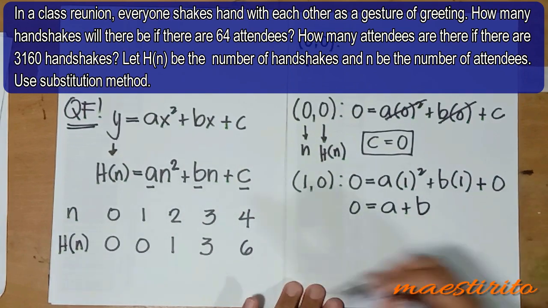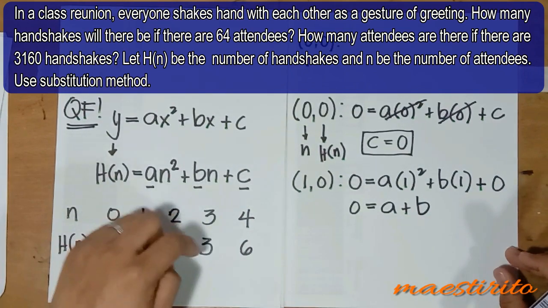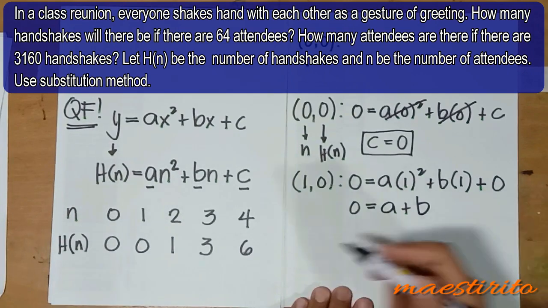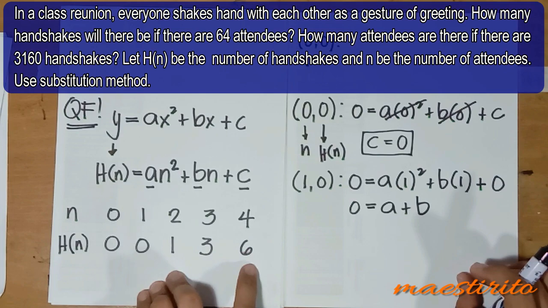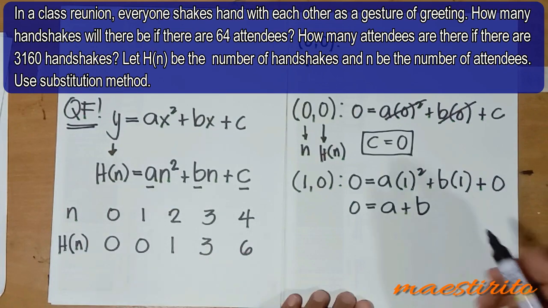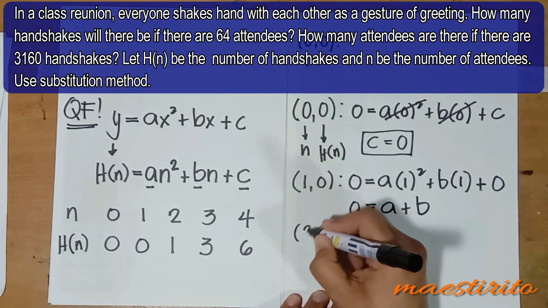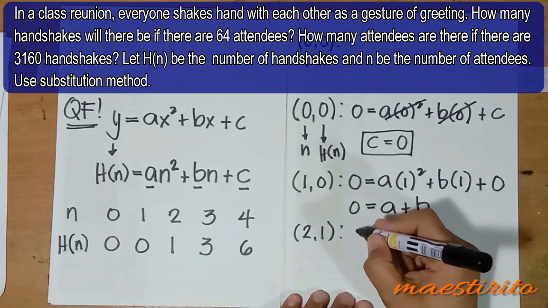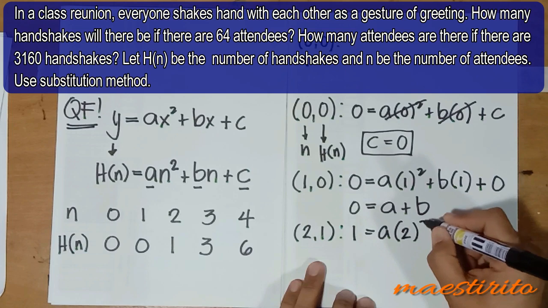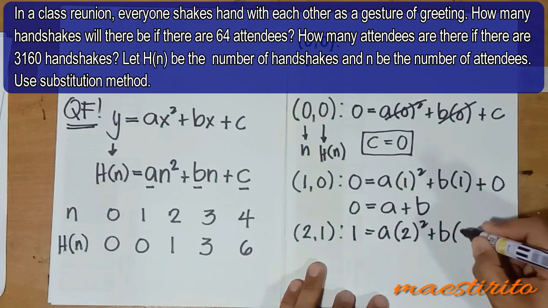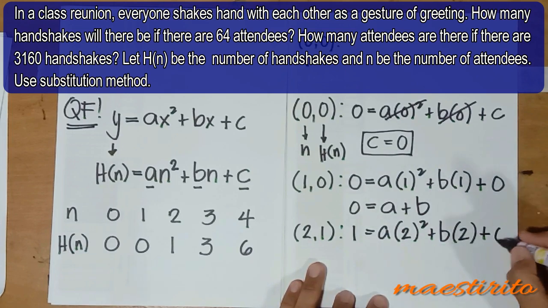So let me use another point, which is 2, 1. Anyway, you may use 3, 3 or 4, 6, but for me, I'll be using 2, 1. You may experiment using the 3, 3 and the 4, 6. Anyway, we get the same answers. Okay, let's have 2, 1. So this will give us 1 is equal to a, where the n or the x is 2, squared, plus b, that's 2, plus c, which is again 0.